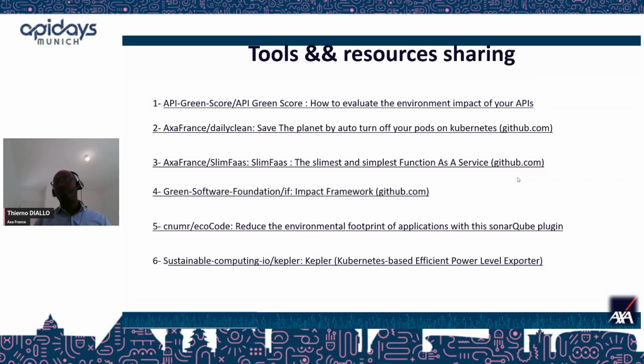The Impact Framework is a set of plugins from the Green Software Foundation, on open GitHub and open source. So don't hesitate to join the Green Software Foundation and the API Thinking Collective to contribute. And the last one is Kepler from Red Hat. I think it's open source as well. You can contribute, so don't hesitate.